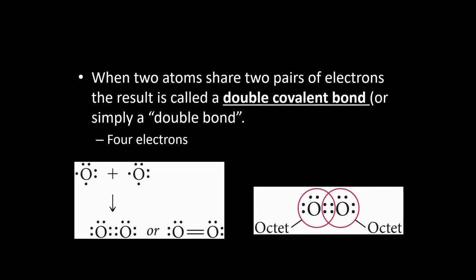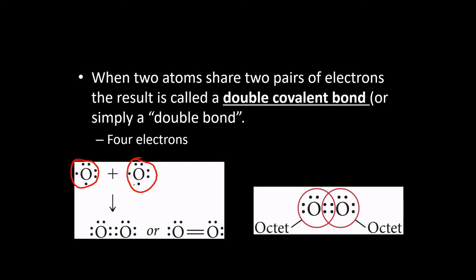There's a really interesting thing that can happen though. What if we had two oxygens? Instead of an oxygen and a hydrogen, what if we have oxygen that has 6 valence electrons, and it bumps into another oxygen that has 6 valence electrons? This oxygen says, hey, I need 2 more electrons to get my octet.